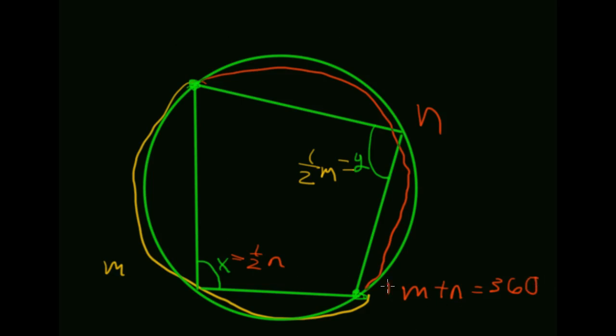So if I take half of these, I'm going to get that the inside angles, X plus Y, are going to be 180. So if you inscribe a quadrilateral inside a circle, the opposite angles have to have a sum of 180, which means they're supplementary.